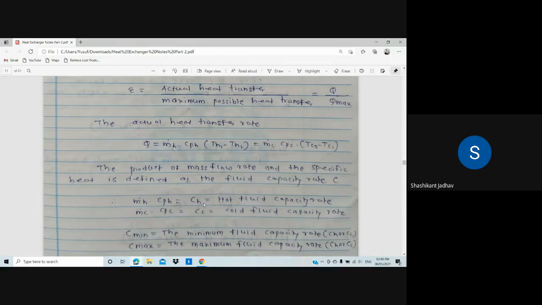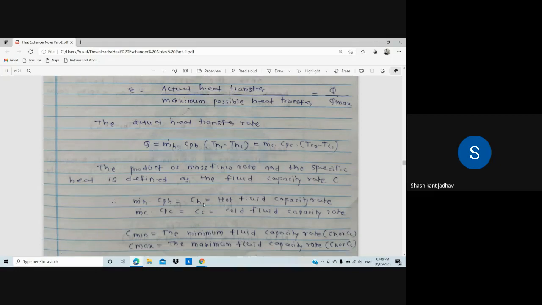The actual heat transfer rate Q is equal to m dot h into Cph into bracket Th1 minus Th2, is equal to m dot c into Cpc into bracket Tc2 minus Tc1.